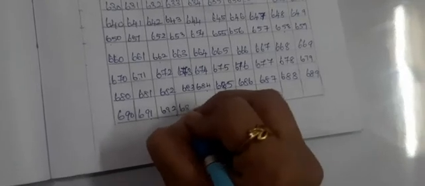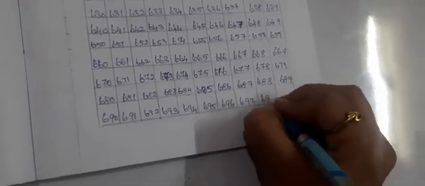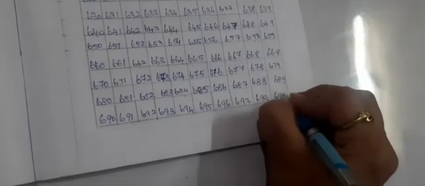Then what is the next number of 692? 693, 694, 695, 696, 697, 698, 699. So now we have completed the whole table by writing the missing numerals in the numerical table. In this same format, you are going to write the next numerical tables.